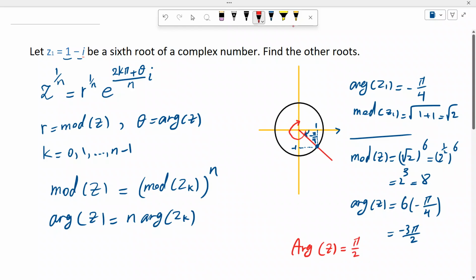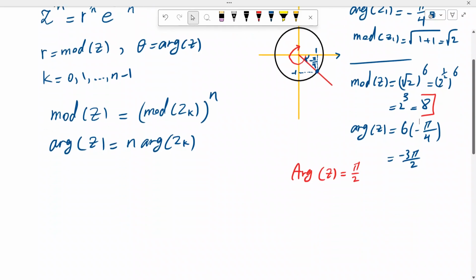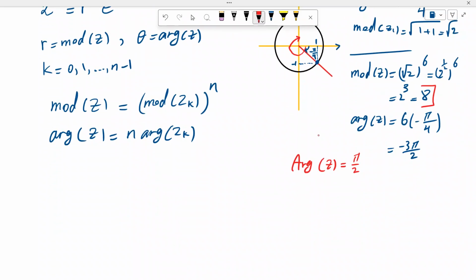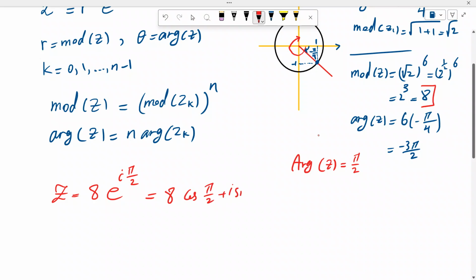So for the z that has one of the roots 1 minus i, arg z is pi over 2, and mod is 8. Now I can rewrite z as 8 times e to the i pi over 2, and I know that e to the i pi over 2 is cosine pi over 2 plus i sine pi over 2.